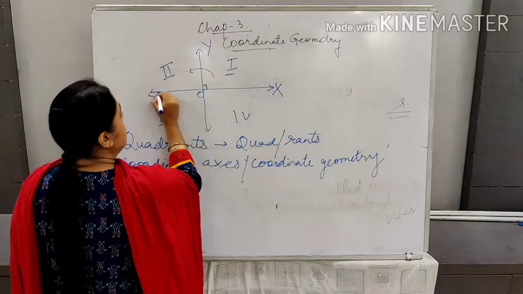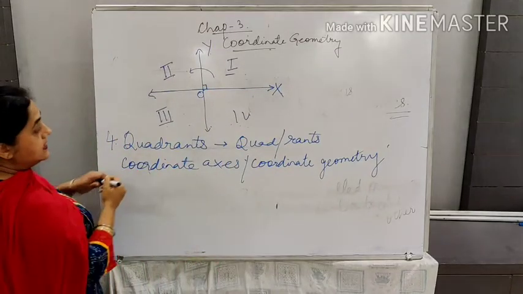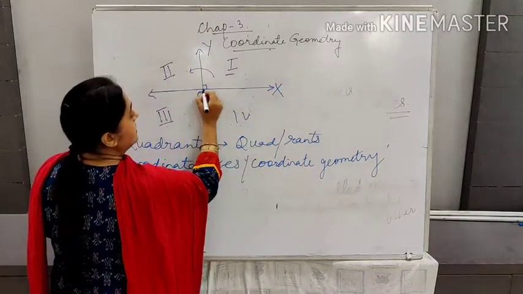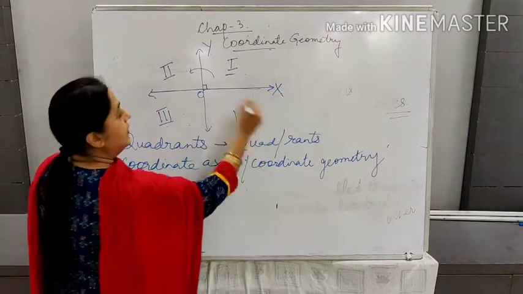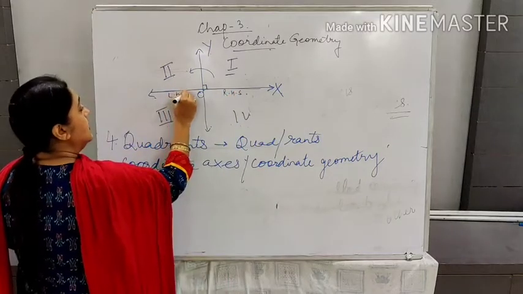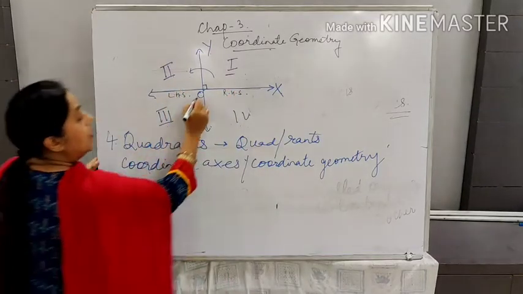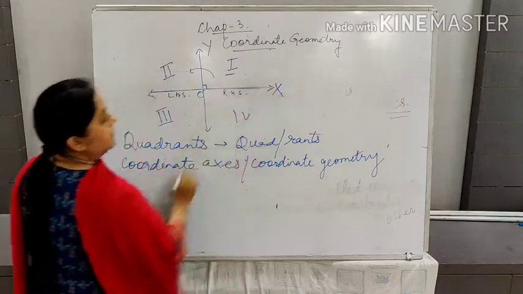Now can you see, when I am talking about this horizontal axis, which I said is the x-axis, before the origin, this part is on the right hand side and this one is the left hand side. So all the numbers here will be positive, right?